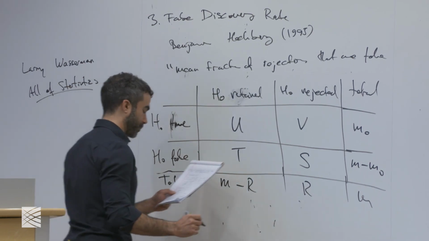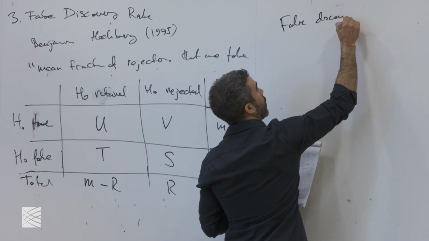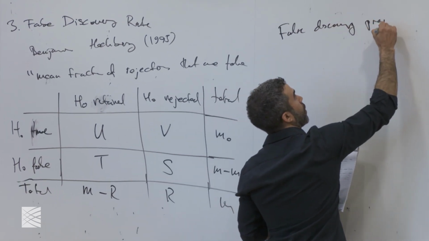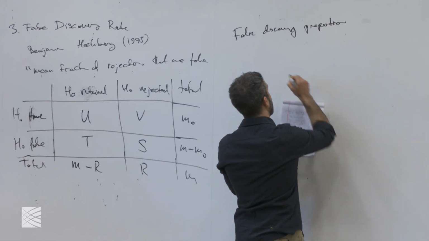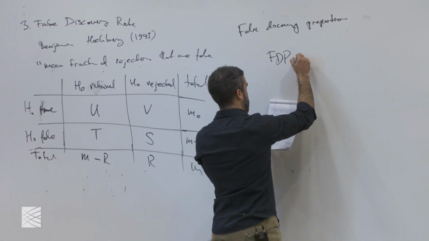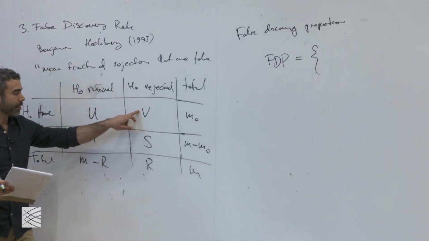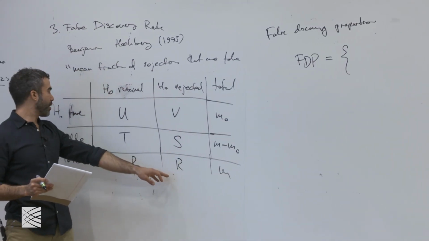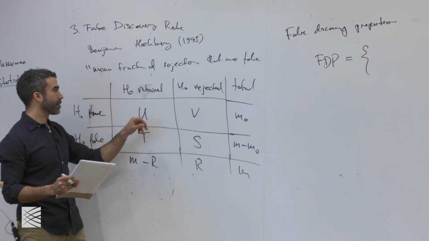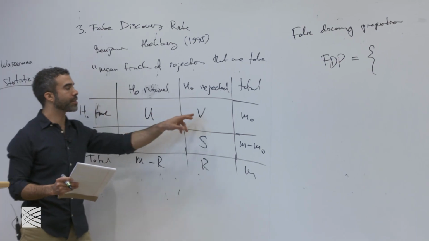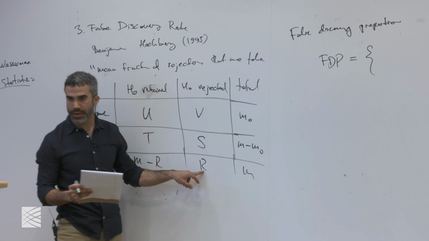And the false discovery proportion is defined to be the fraction of rejections that are false, because I rejected, but the null hypothesis was true, so that means it's going to be V over R. But there's always a chance that you don't reject anything, so you have to account for that.